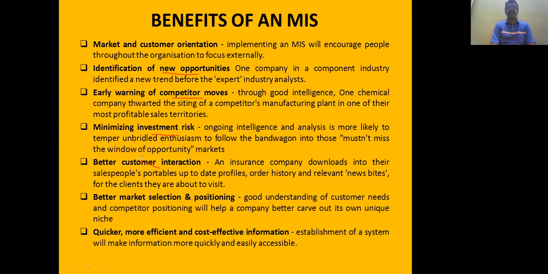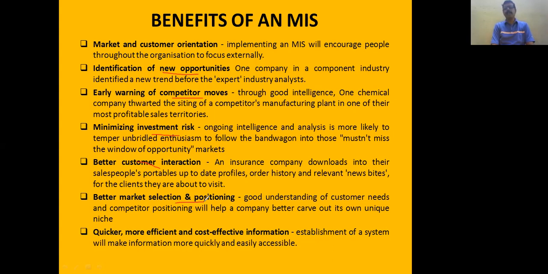Next, better customer interaction. Customer interaction is a process in which the manufacturer comes to know the complete details of the customers. Next one is market selection and positioning. Which target segment needs to be selected, whether high class, middle class or low class, needs to be understood.